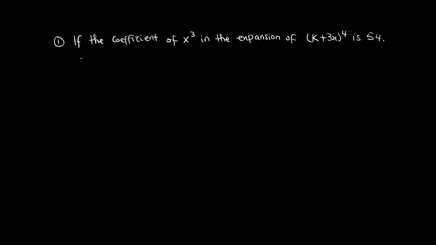If the coefficient of x cube in the expansion of k plus 3x raised to the power 4 is 54, we have to find k. This is the question. So they are saying that if the coefficient of x cube term in the expansion is 54, we have to find the value of k.